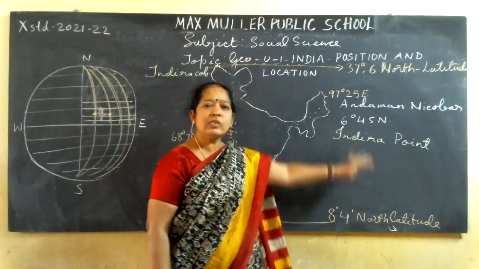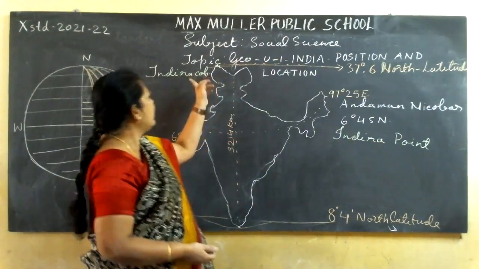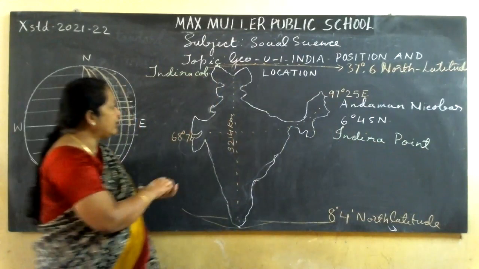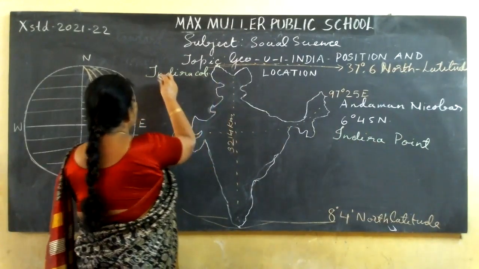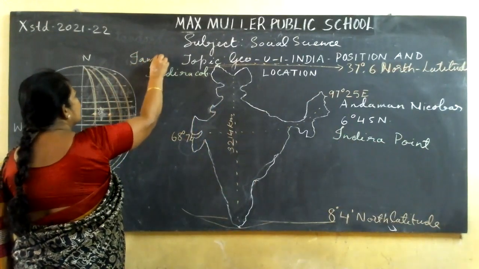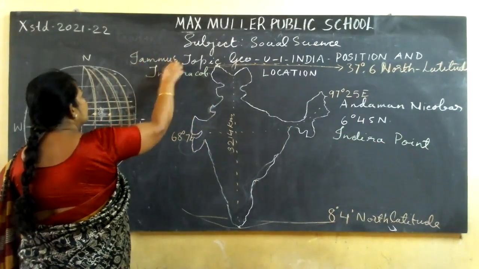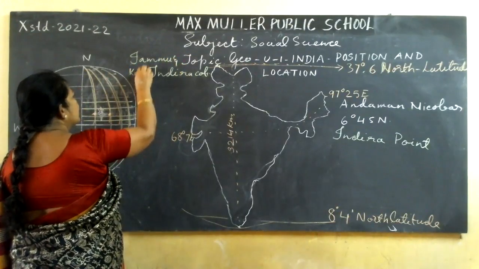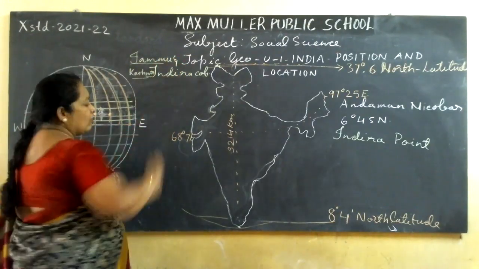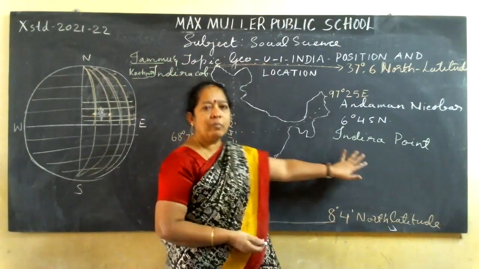So that one is called Indira Point, and Indira Col in Jammu and Kashmir, right? And it is called Indira Col and Indira Point.